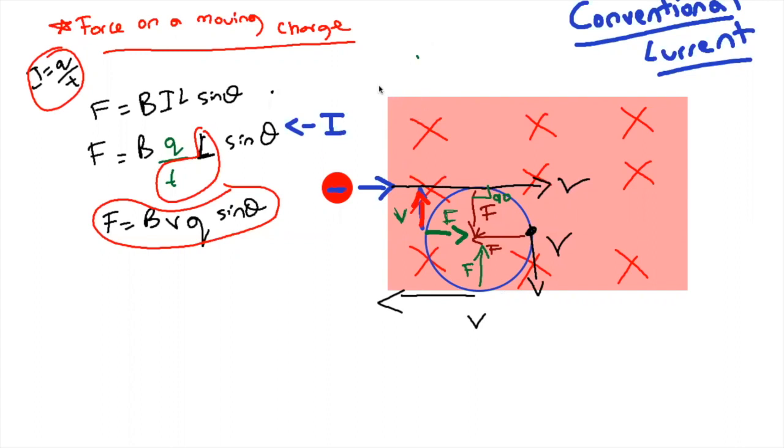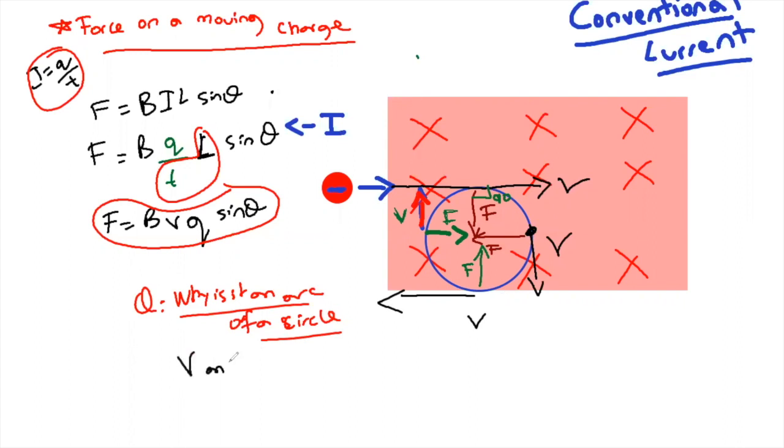So logical answer, why is it moving in a circle? Why is it an arc of a circle? There's a reason behind that. Because V and F are at 90 degrees, or in other words, they consistently remain 90 degrees.